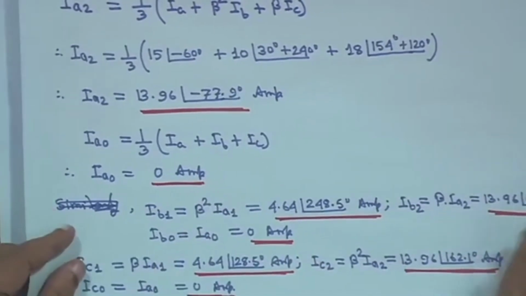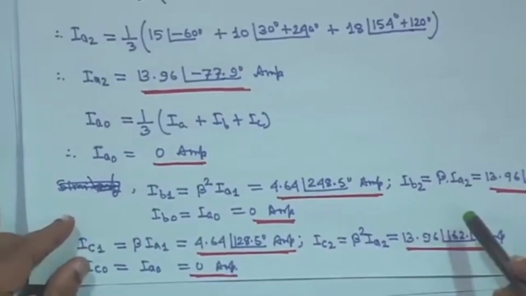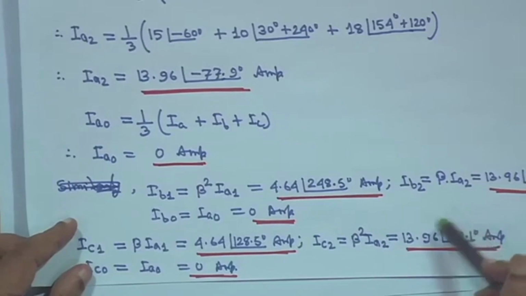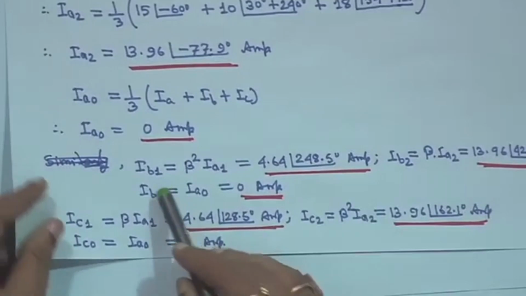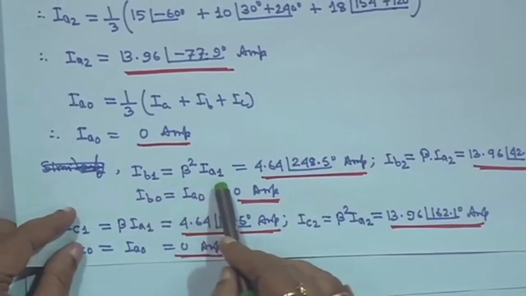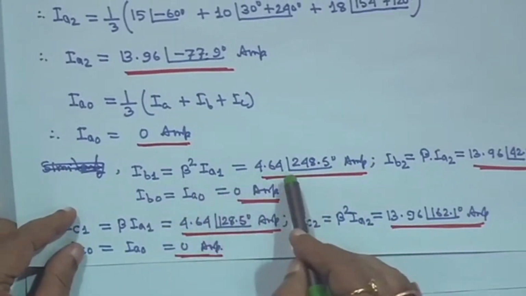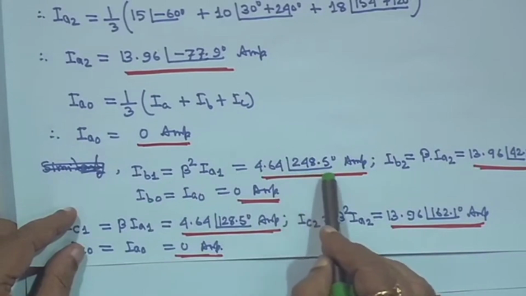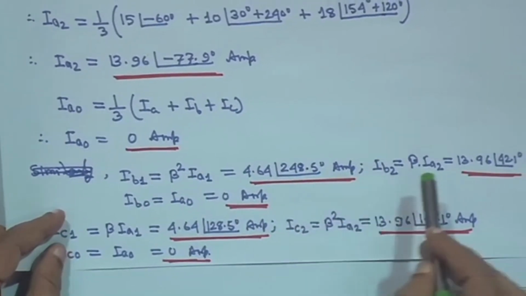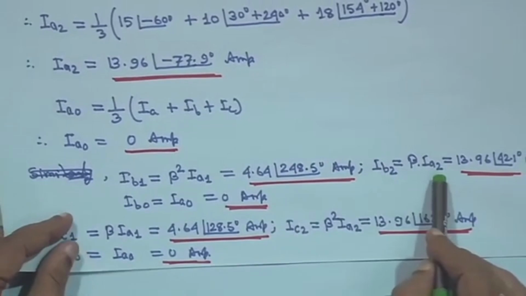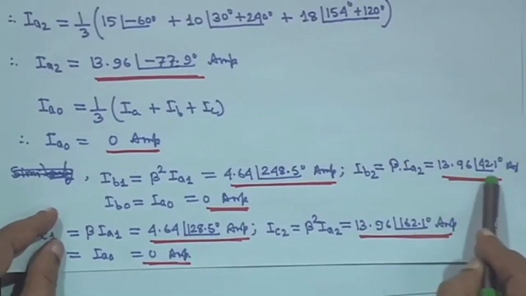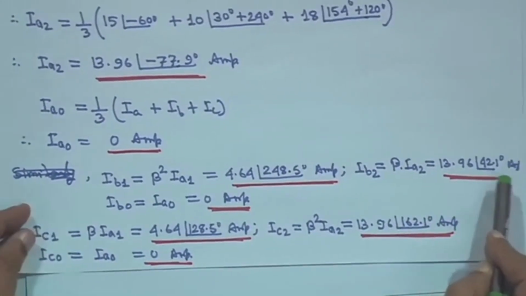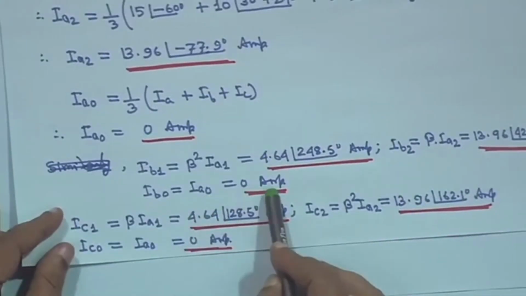Now, we got IA1, IA2 and IA0. Now go to IB1, IB2, IB0, IC1. We know that IB1 is equal to beta square IA1, so this will become 4.64 angle minus 111.5 degree ampere. We know IB2 is equal to beta IA2, that is 13.96 angle 42.1 degree ampere, and IB0 is equal to IA0, which is 0 ampere.